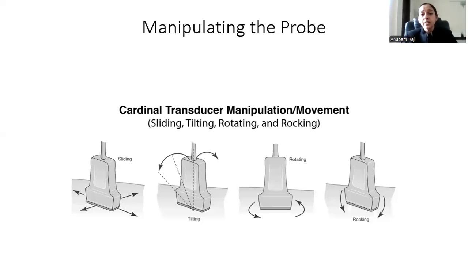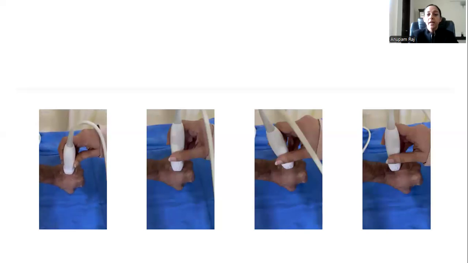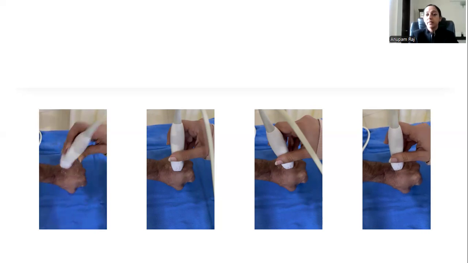Then comes rotating, where you only rotate the probe clockwise or anti-clockwise. And then rocking, where you move the probe in a direction parallel to the orientation marker. Like you can see here, this is the rotation where you're moving the probe clockwise or anti-clockwise. Also note there's no change in the angulation while making these movements. Again, sliding, going up and down or to the right or the left without changing any angle.